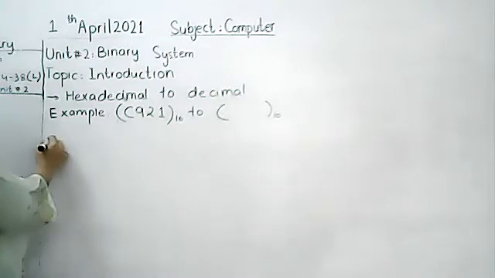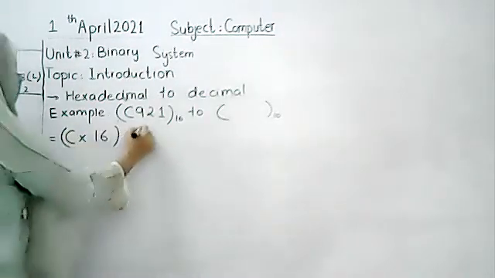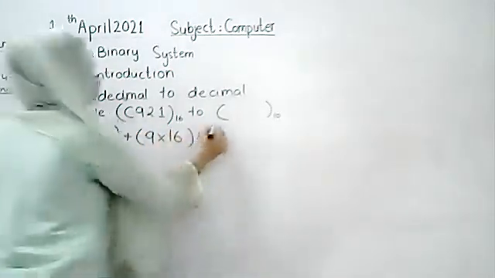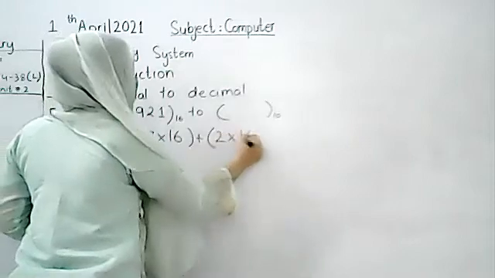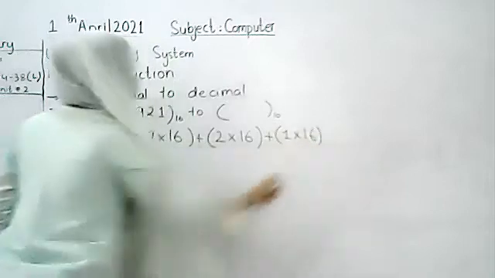Let's start the solution. C multiply 16 plus 9 multiply 16 plus 2 multiply 16 plus 1 multiply 16.